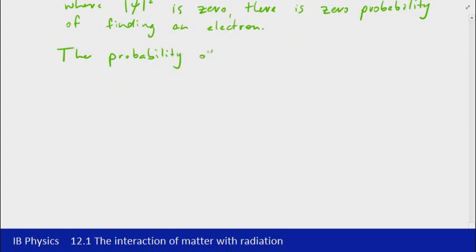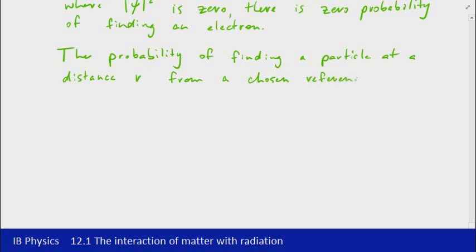So the probability of finding a particle at a distance r, so think of that distance as being how far from the central bright region, we're using that from a chosen reference point. And keep in mind here that the wave function depends on the particle that we're dealing with as well.